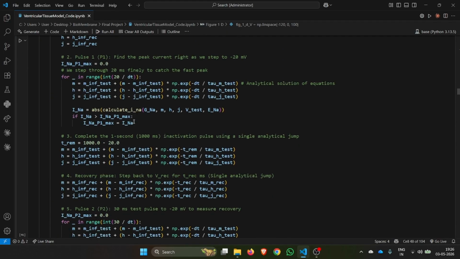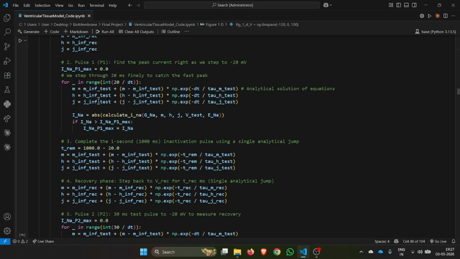To solve the ODEs, as given in the paper, we use Euler's forward method.